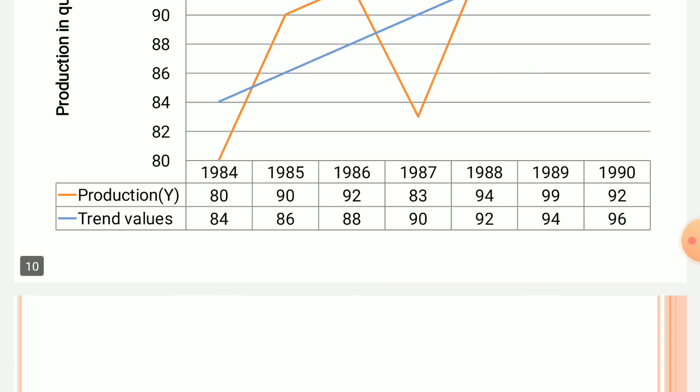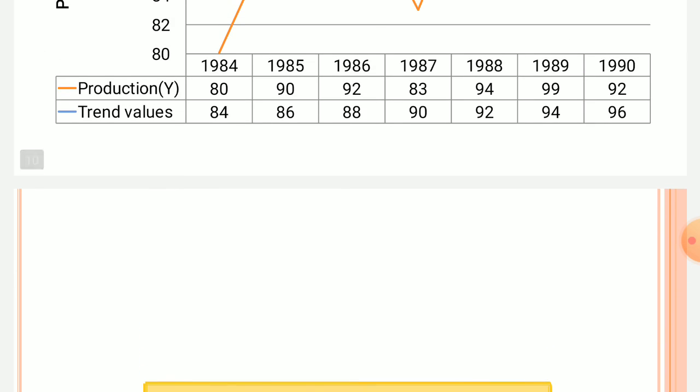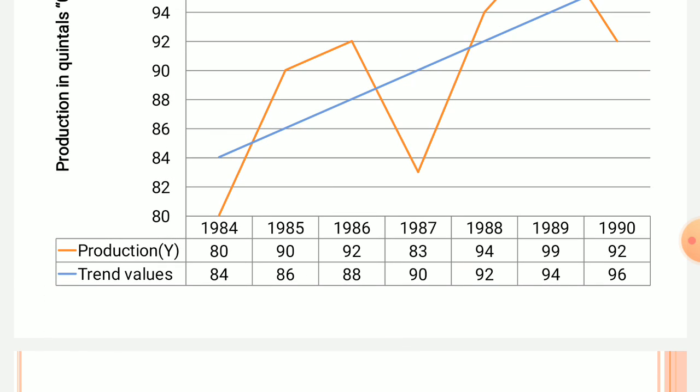So this is the way in which we are going to represent the actual data as well as the trend line by applying these methods.